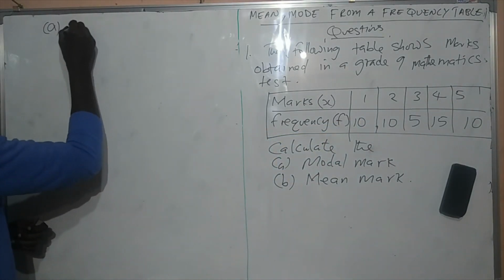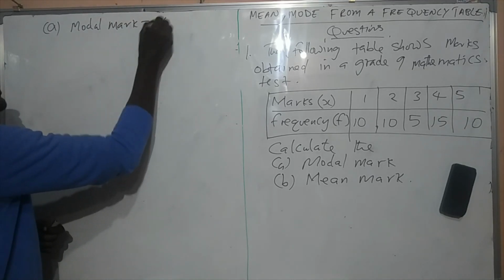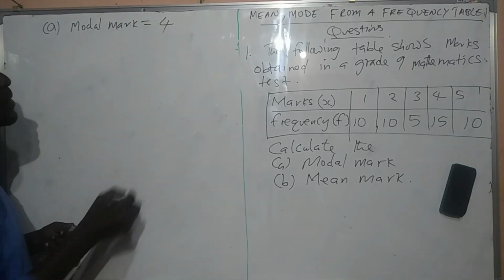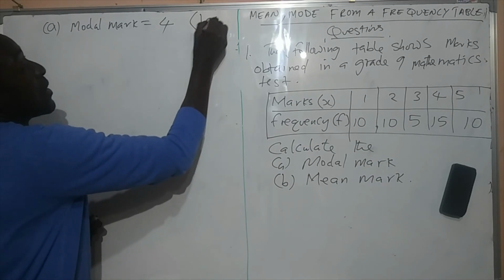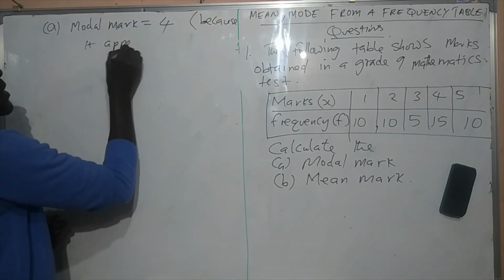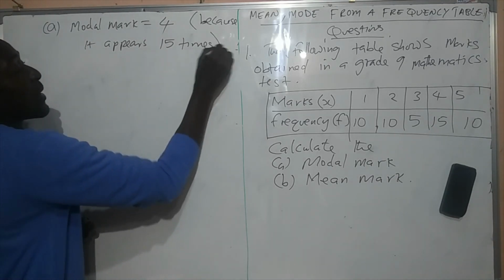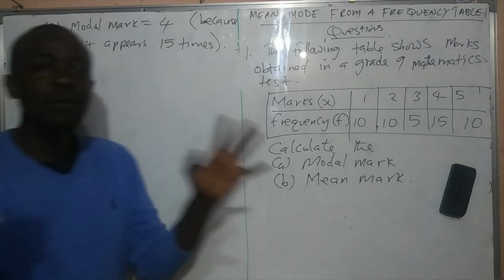Therefore the modal mark is 4, because it appears 15 times, more than any other mark.